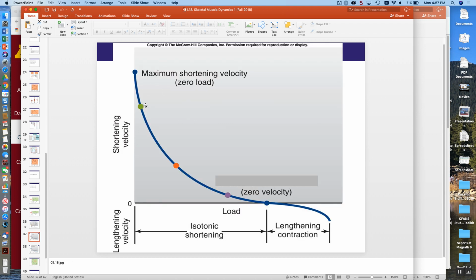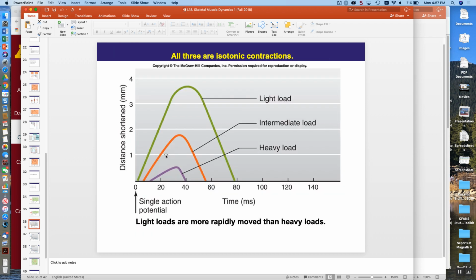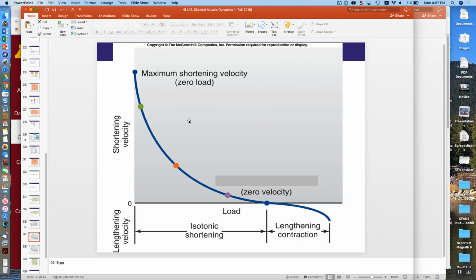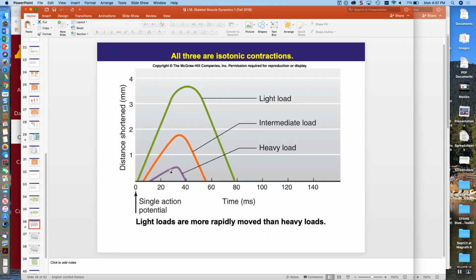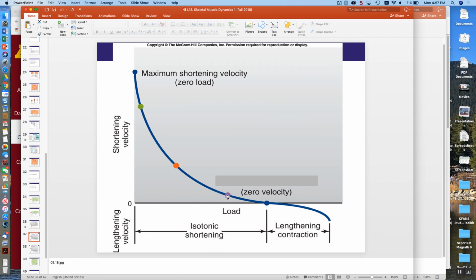That's the velocity. It's very much increased compared to the others. The orange line, the slope is a little bit more shallow, and we can graph it here. And then the purple line is even more shallow, okay? And that's here. And what we're doing is we're graphing now the shortening velocity versus the afterload. As you increase the weight, the velocity plummets.